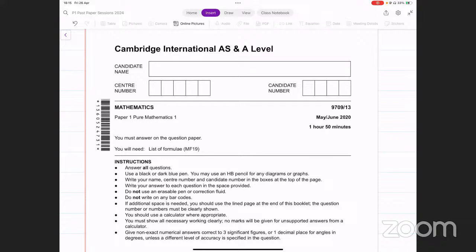On Wednesday, it will only be paper one, because all of you will be sitting for paper one, and then most people who are taking mechanics will also be sitting for paper one the next day. So we won't have the mechanics class on Wednesday. That's not going to happen. Okay. So the day before exam, we will only be focusing on the exam that you have the next day. All right.